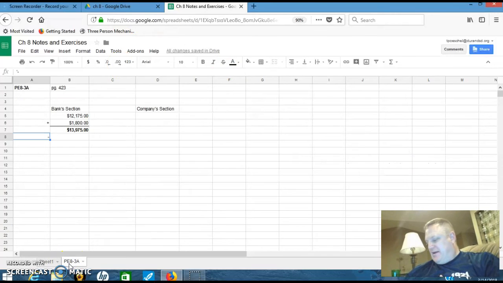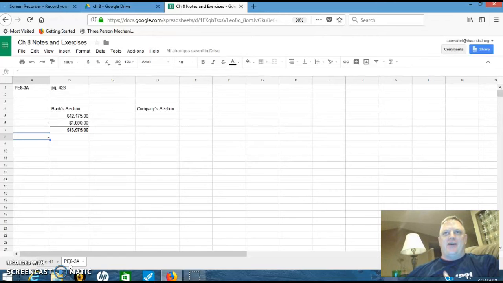So when we look at practice exercise 8-3. Bank service charge, that's something the bank's already done. Deposit in transit, we already have. An NSF check. An NSF check means that somebody wrote a check and didn't have enough money in it.